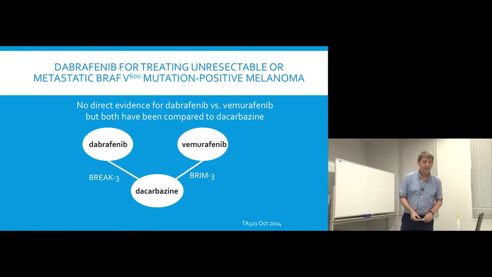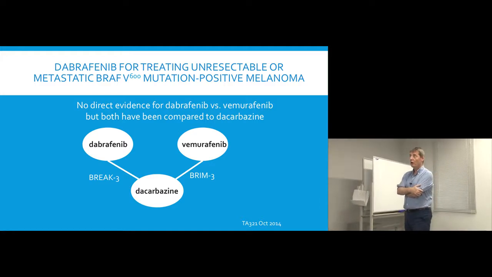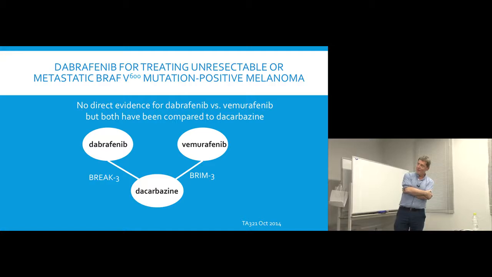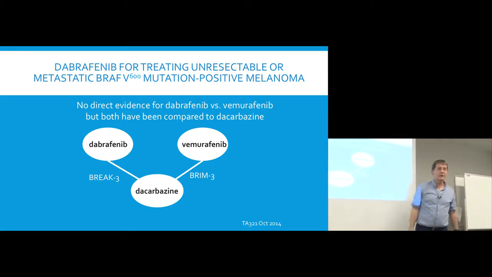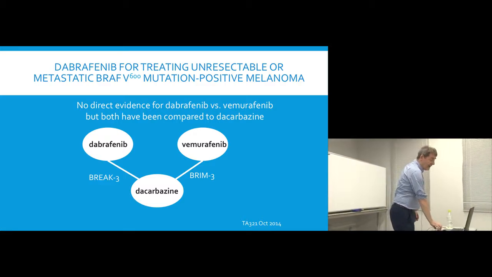Here's an example. I like to introduce real examples just so you see that it's not just theory or something like that. So dabrafenib is a treatment for unresectable or metastatic BRAF V600 mutation positive melanoma. That bit doesn't really matter. I mean, it matters, but it's melanoma, so it's a form of skin cancer, and late stage.